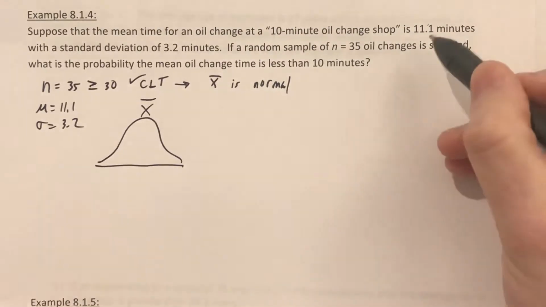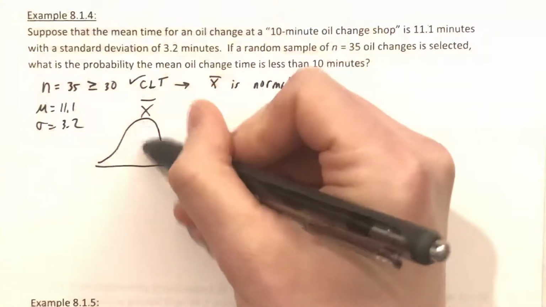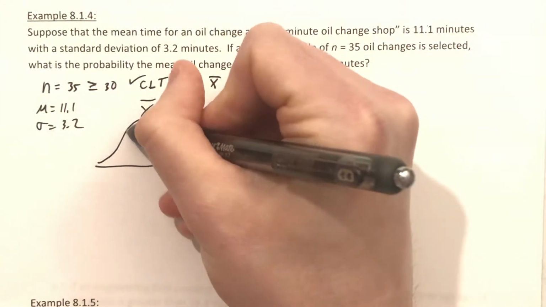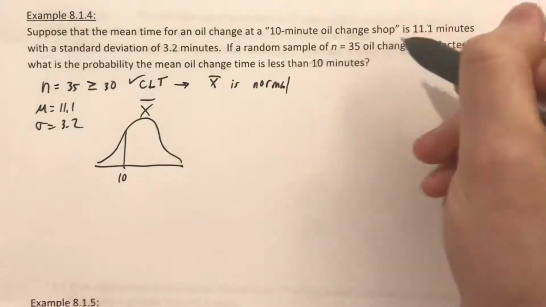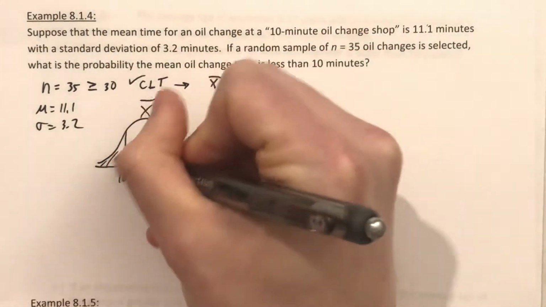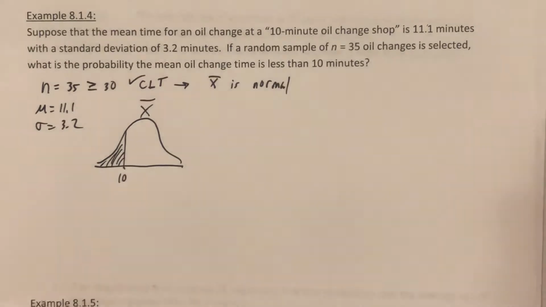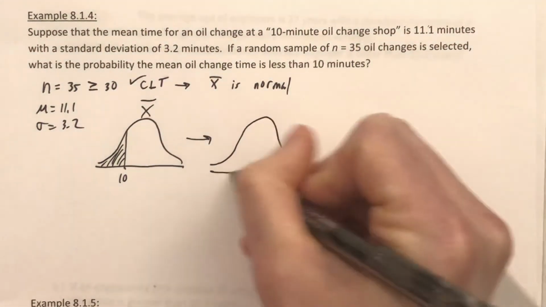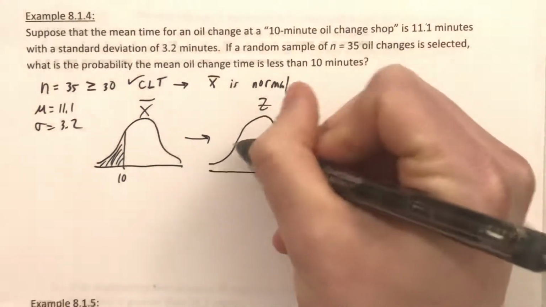And so, with a mean of 11.1 known to be the center, if we're asking for less than 10, well, 10 is certainly left of 11.1, and less than 10 would mean we want to shade or look at that area right there.